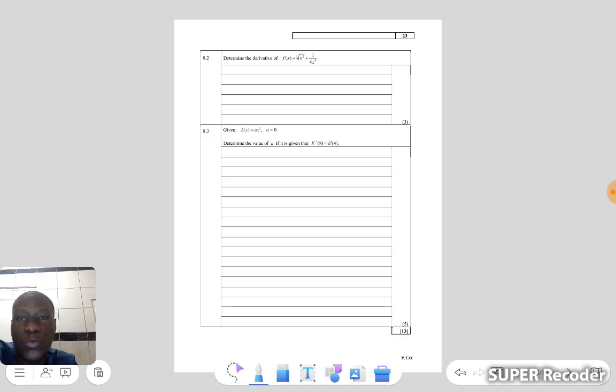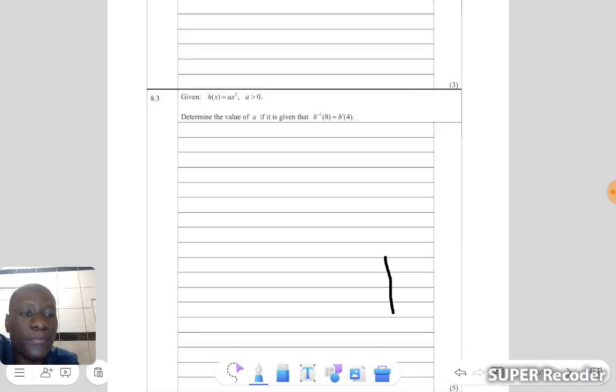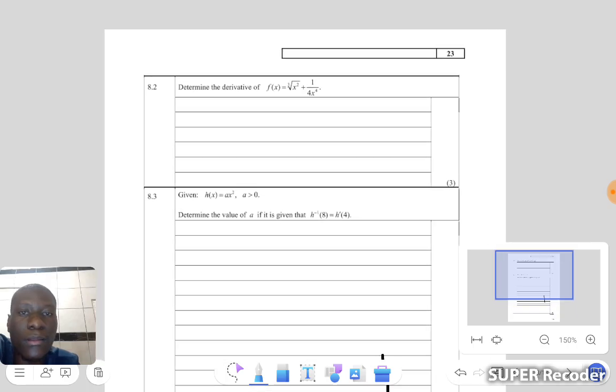So 8.2, we have to find the derivative. Determine the derivative of f of x equals the cube root of 3x squared, plus 1 over 4x to the power of 4.